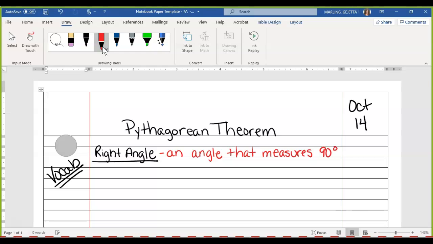It's exactly 90 degrees. And the universal symbol for a right angle is this little box inside of the angle. Our right angle box tells us that that is a right angle.